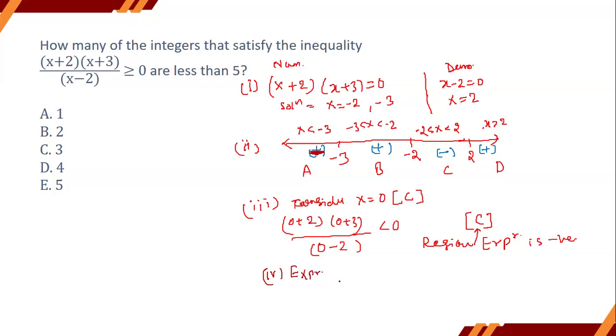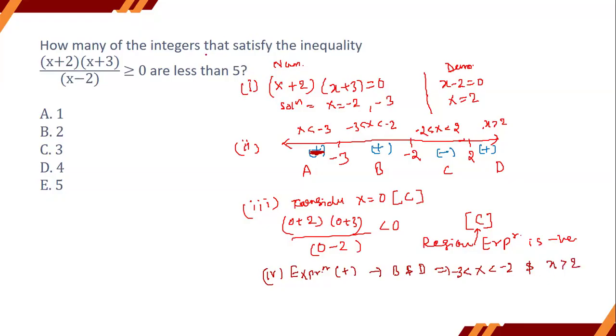The expression is positive for region B and D. For region B, the x values are from -3 to -2, right? And for region D, the x values are x greater than 2.